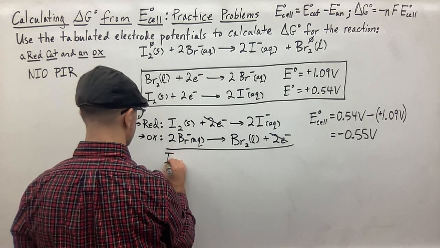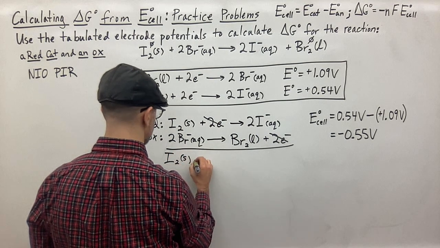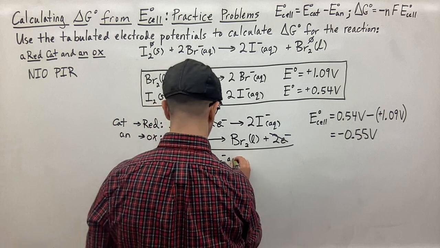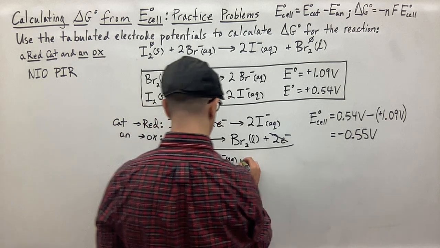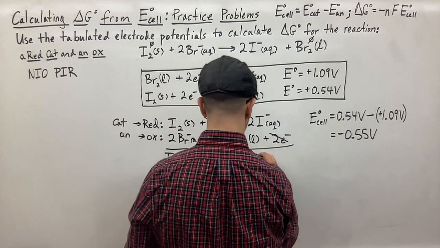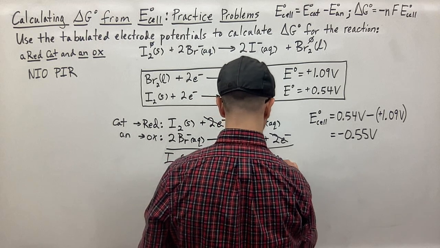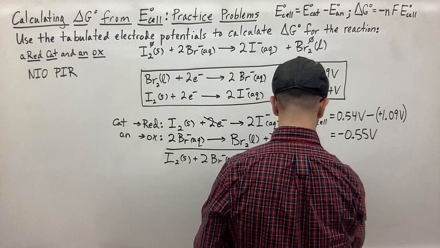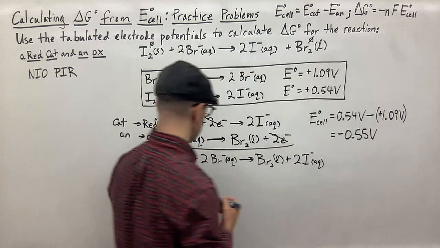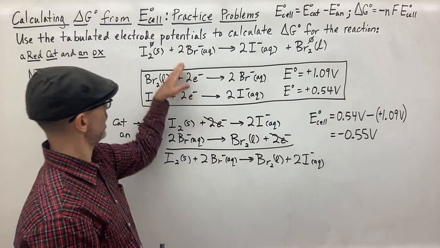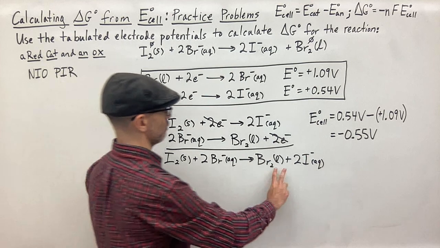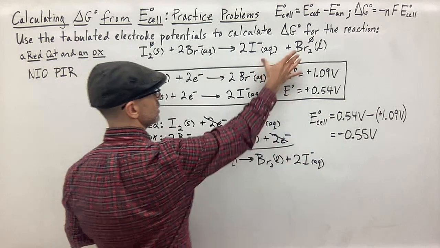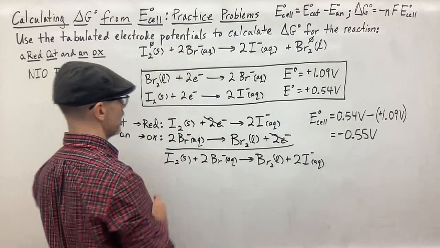I get my I2 solid plus my 2Br minus aqueous, and that's going to give me my Br2 liquid plus my 2I minus aqueous, and I get the same reaction as I did here. These are flipped, but that's okay, it doesn't matter. I've got these as products, these as products, these as reactants, these as reactants.